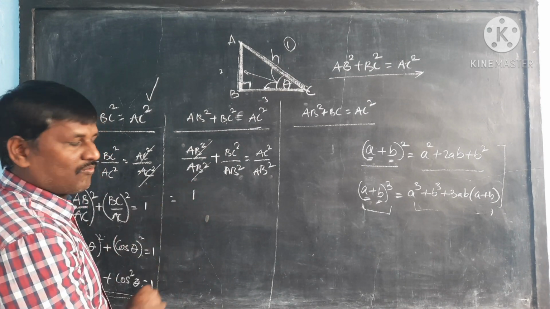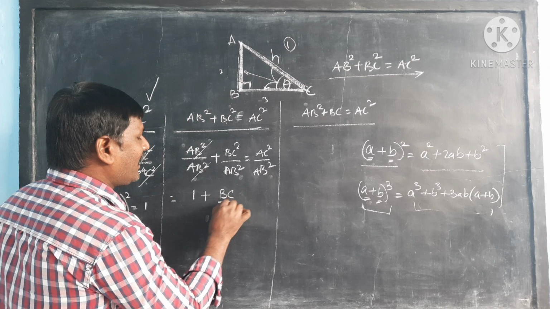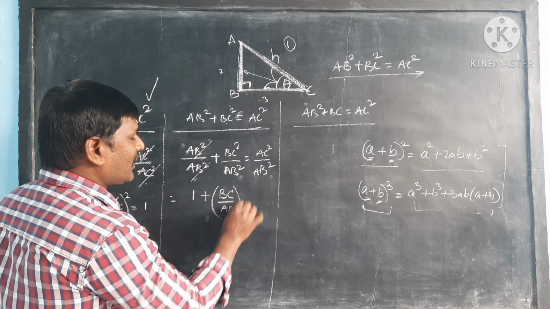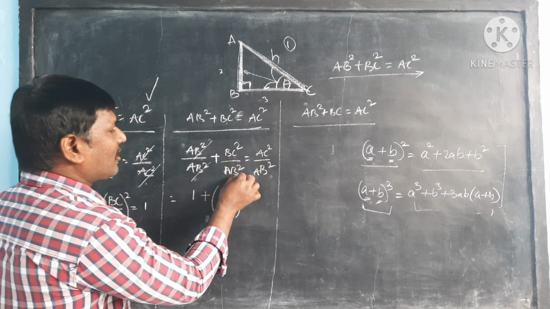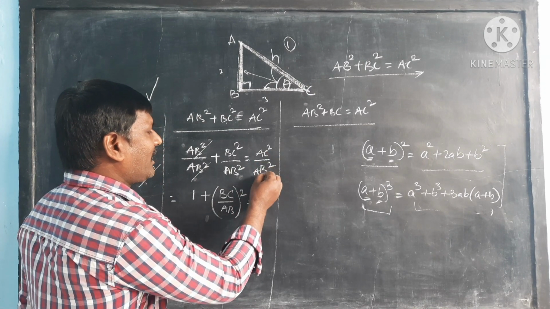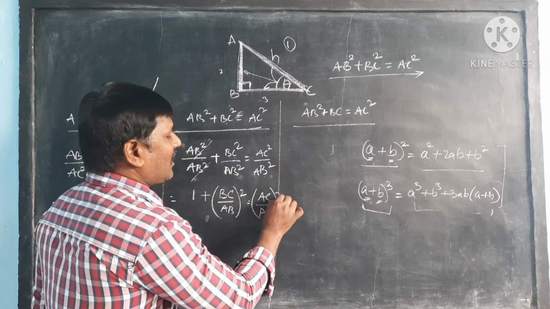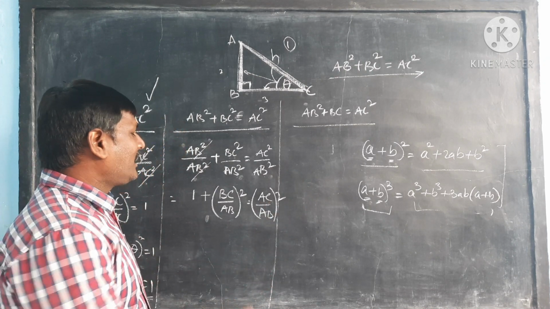The result is 1 plus BC by AB whole square, because the square applies to both numerator and denominator, is equal to AC by AB whole square. Now we have to write the trigonometric ratios.